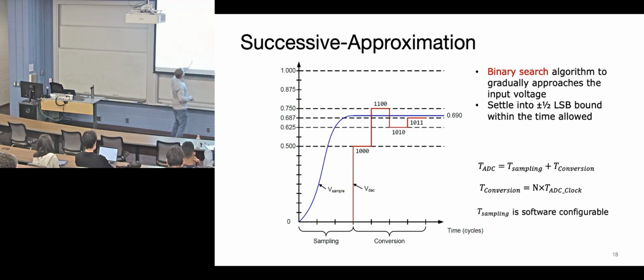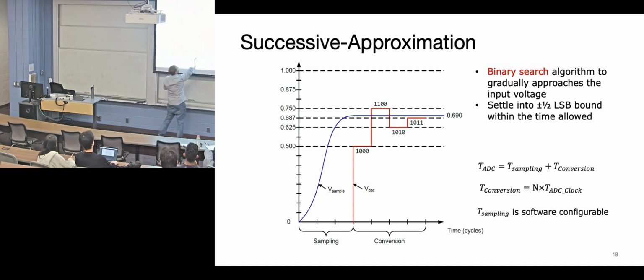Okay, so say we have some value here that's sampled and held, and it's holding that value so that we can apply the successive approximation search algorithm to find that value. So this is where that sample and hold circuit comes in. We're holding it here. Then we're going to try a value, like 50% of my VREF, from VREF negative to VREF positive. So let's go at the 50% point, and then you do a comparison. Are you higher or lower than that?